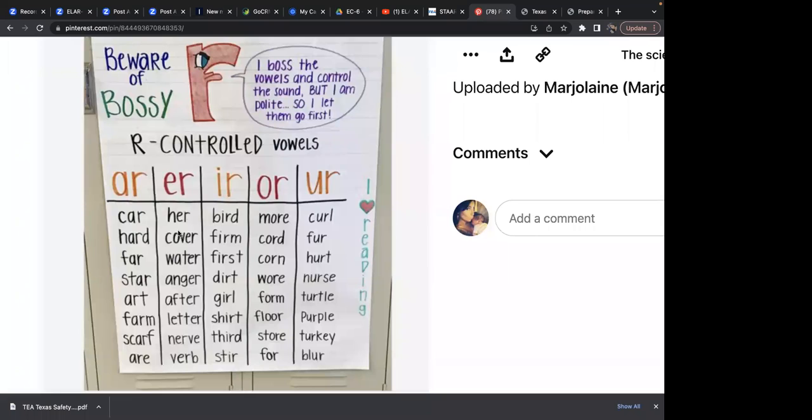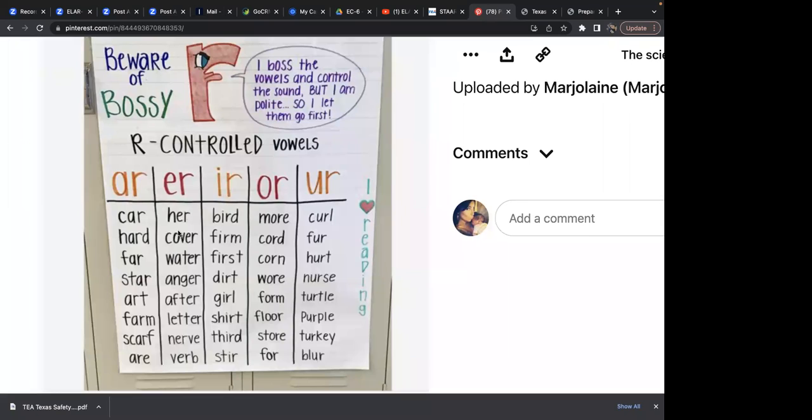I'm gonna do a little experiment. You guys keep on reading those R controlled words. So you would go through here and then you would practice, so that the kids understand.